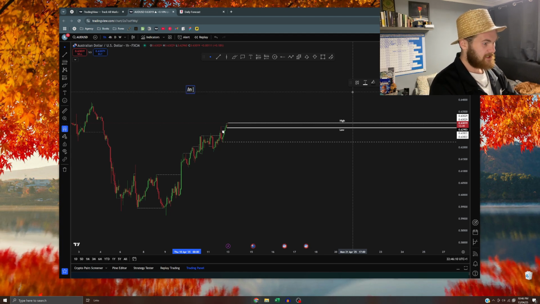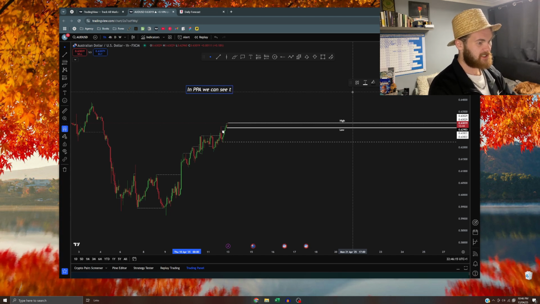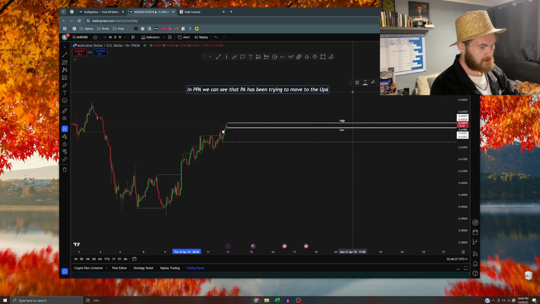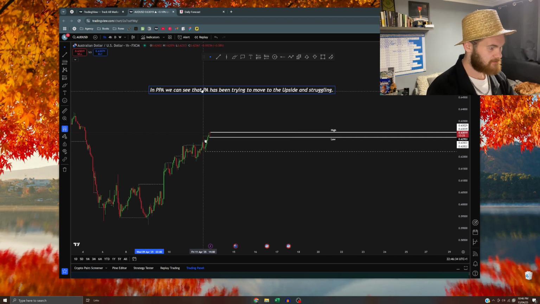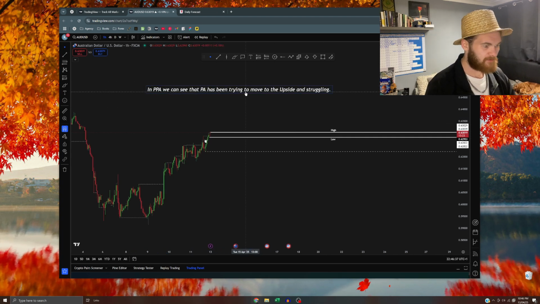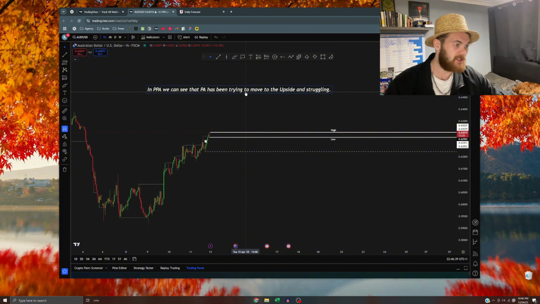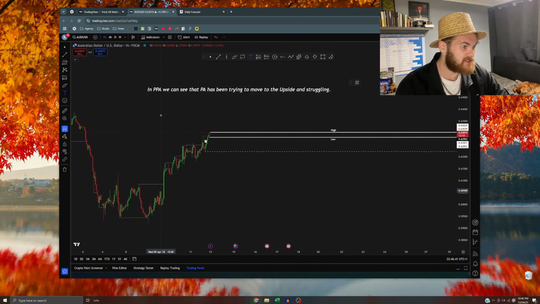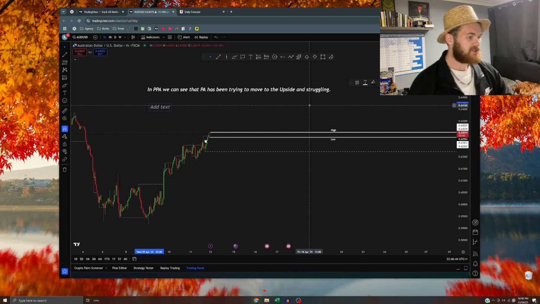So in the prior section, we can see that price action has been trying to move to the upside and struggling. So I'm just going to put that there. So prior price action, what we've been seeing in prior price action, and then what we're seeing in more recent price action.